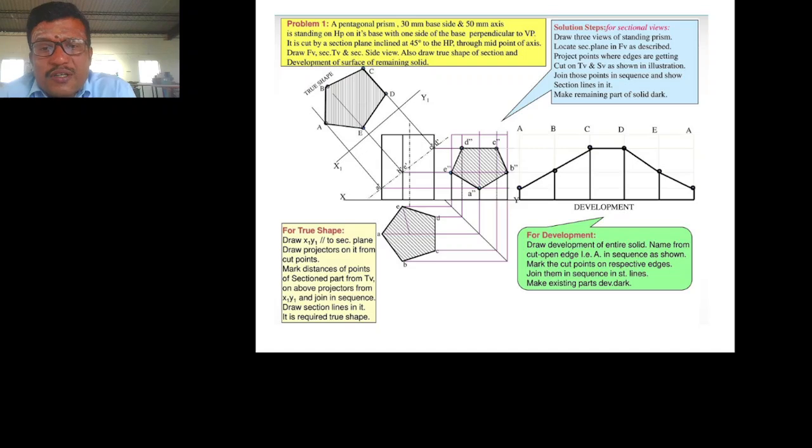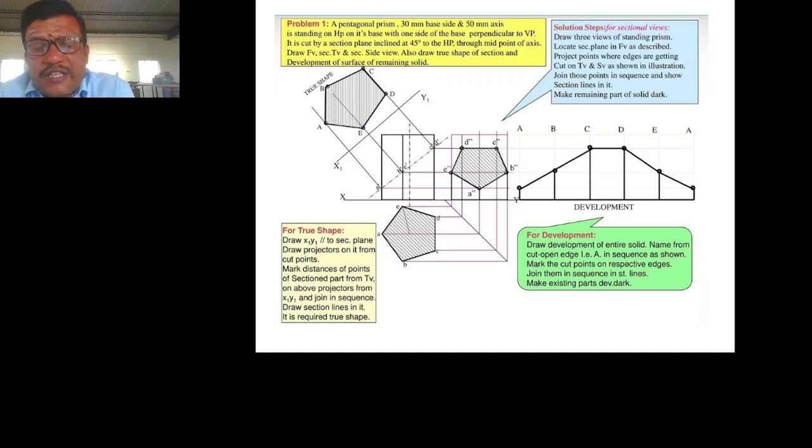Then now we are drawing the development of surfaces. So as I told earlier, for the development of surface, we have to draw the height of the prism. The height is now 50 mm. Then the length: since we are having 5-sided faces, 5 into 30, 150 mm length.